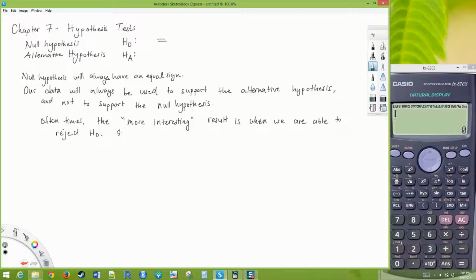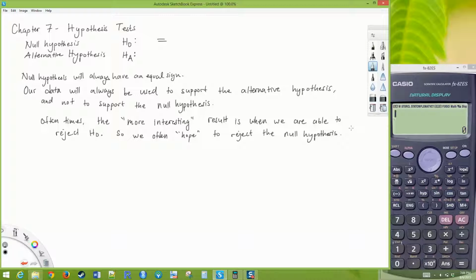So we often, quote, hope, and I put hope in quotes there because as researchers we're supposed to be unbiased in our methodology, so we shouldn't try to manipulate any of our results.